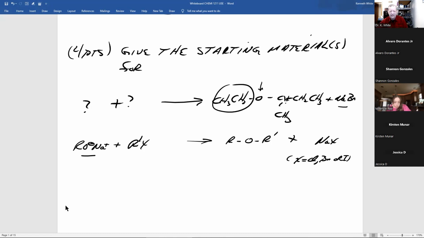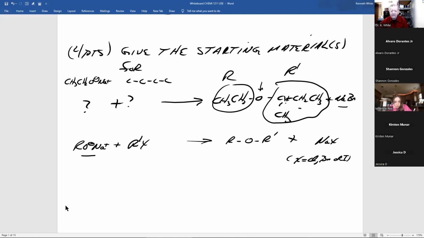So I'll call this R and this R prime. If I do that, that's my alkoxide. And since you end up with 4 carbons in R prime, you better start with 4. And notice the second carbon here, I'm drawing it this way, has the oxygen.